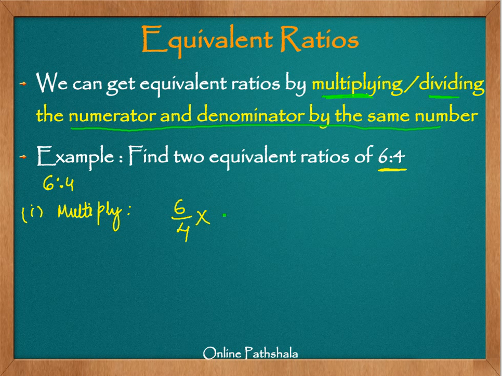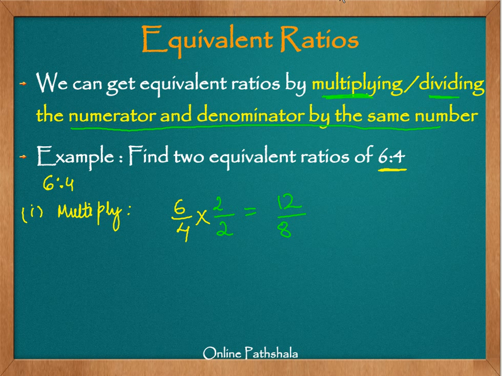If I multiply by 1, I'm going to get the same ratio back, but I want a different ratio. So let us take 2, which is the simplest number. Multiplying the numerator and denominator by 2 gives me 6 times 2 is 12 and 4 times 2 is 8.